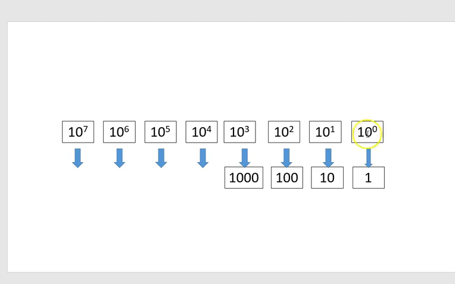We've got 10 to the power of 0, which is your ones column, 10 to the power of 1, which is your tens column, 10 to the power of 2, which is your hundreds column, and so on. And of course, when you count with your decimal numbers, you count your ones up until the point where you overflow into the tens column, which means you can't have any more than 9 in this column before you overflow, and we'll get onto that a bit later.